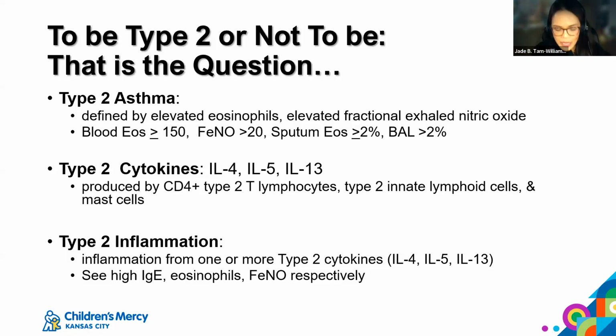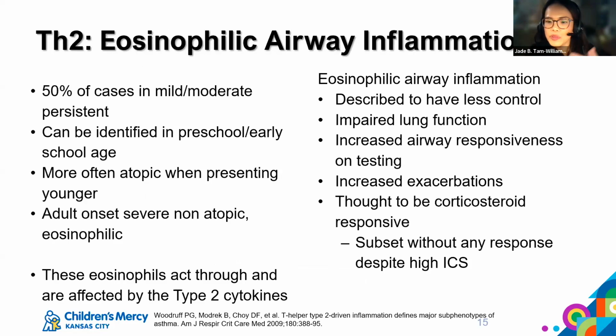And when we think about the importance of type 2 inflammation, again, to emphasize why it's important to differentiate, we recognize, and it's been described, that type 2 eosinophilic airway inflammation seems to have less control. Their lung function seems to be a little bit worse.